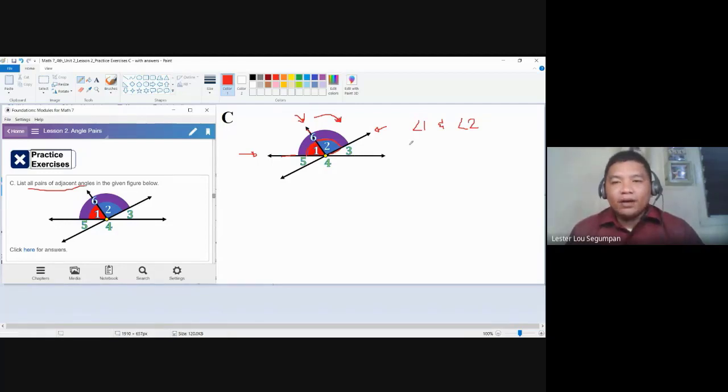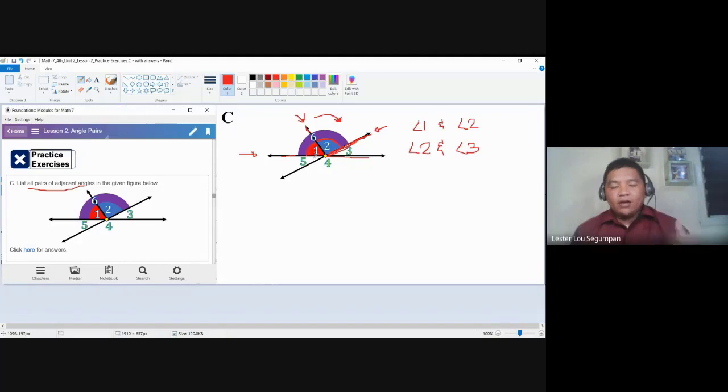I'm talking about angle 2 and angle 3. Look at these two angles. Again, they share the same vertex. The sides of angle 2 are these rays, and the sides of angle 3 are this ray and this ray as well, which is also a side of angle 2. So two conditions are already met.